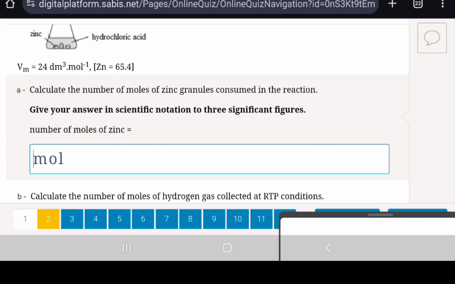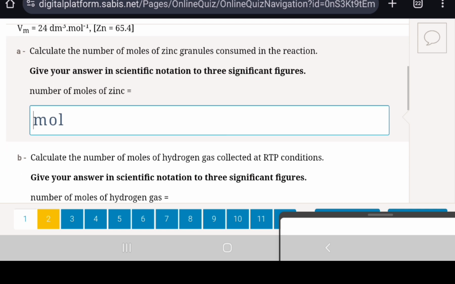But we need to put it in scientific notation, so we make it 1.67 times 10 power negative 3.